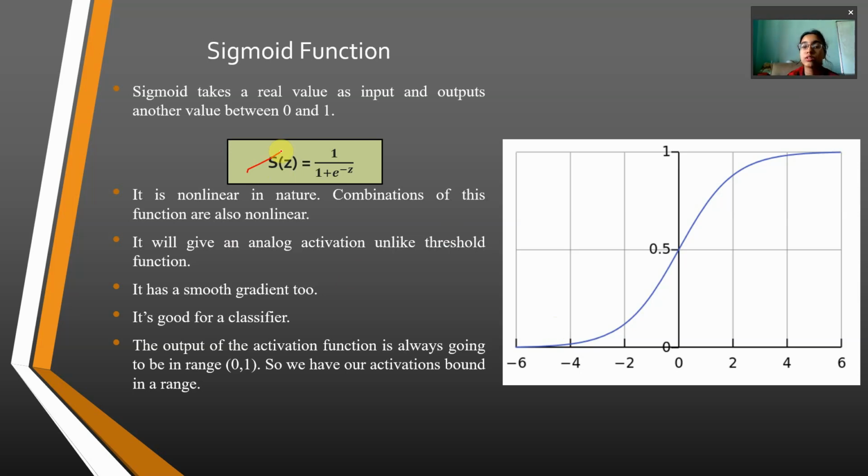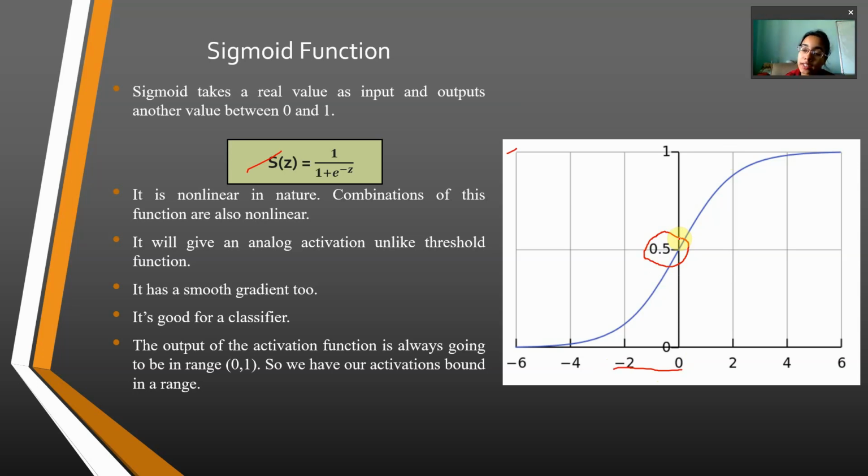So this is the formula for the sigmoid function, and you can see this diagram, which is the graph of the sigmoid function, and this 0.5 is actually the threshold. So if the value is greater than 0.5, then it is considered as 1, that is the output will be 1 and the neuron will be activated.